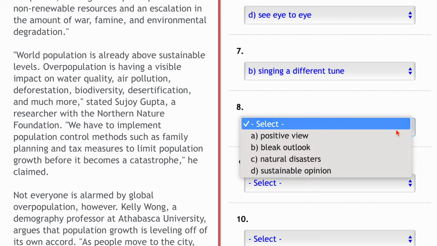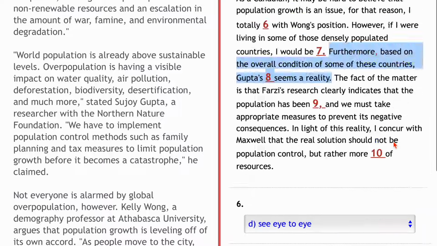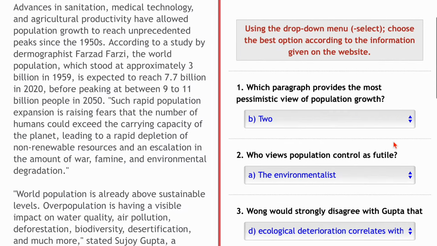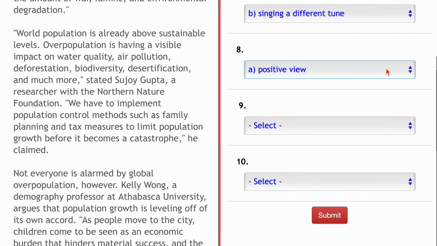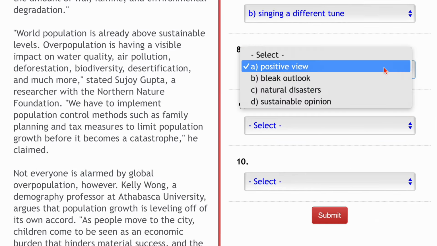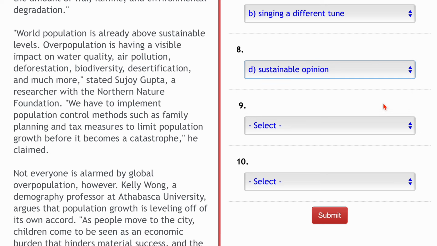Definitely not positive view, because let's remember, Gupta, we already answered the question, he had the most pessimistic or negative view according to question number 1. So not positive view and also not sustainable opinion, right?